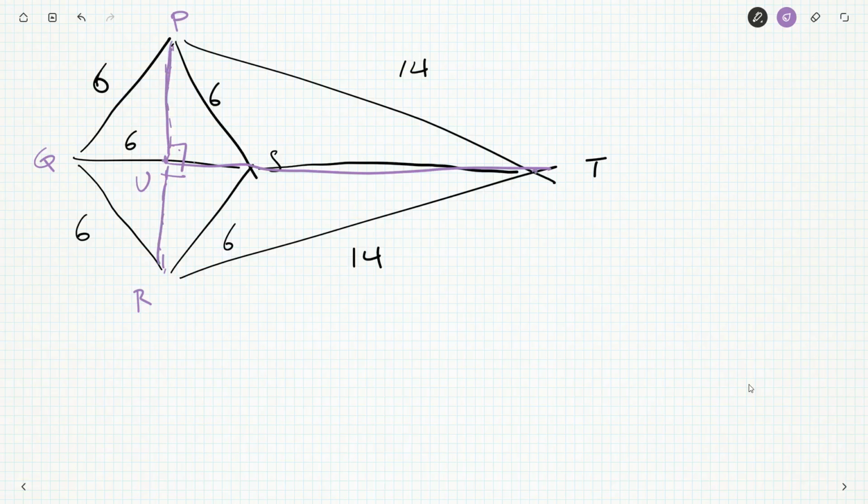And if I know what PU is, then I can use the 14 over here and Pythagoras' theorem to figure out UT. And then I can also use Pythagoras inside here with P, U, and S to figure out US, and ST is the difference. ST is UT minus US. So I just need to figure out a few things.